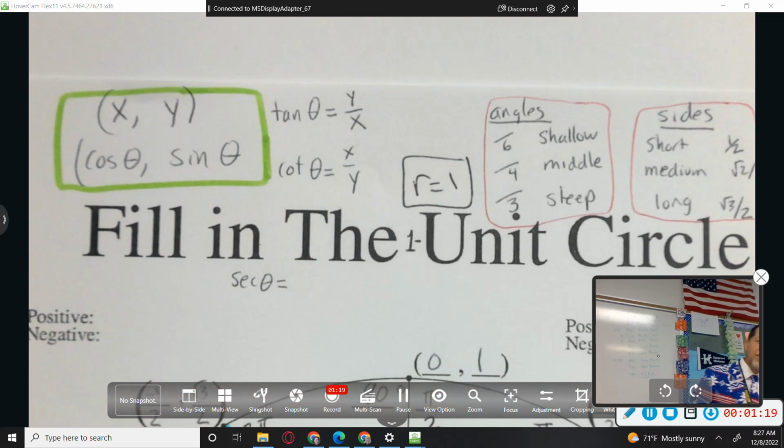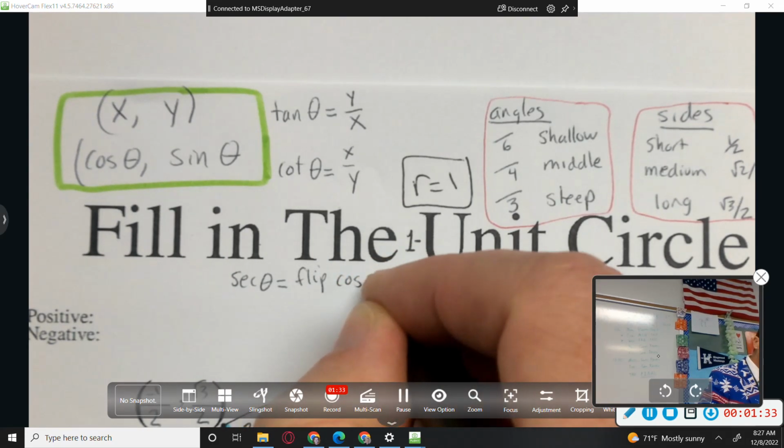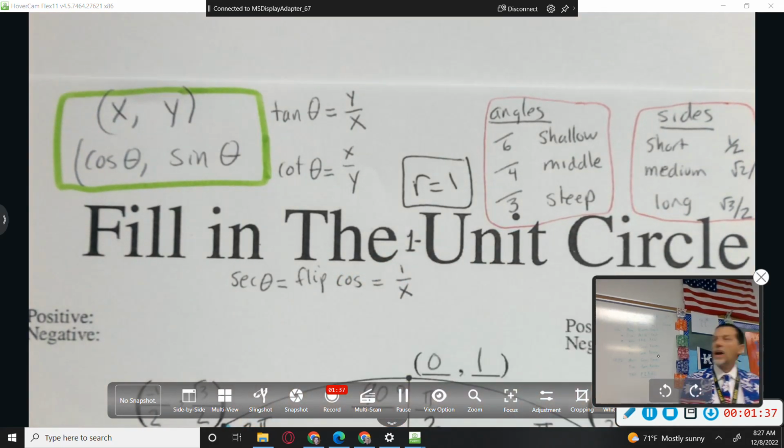How do you find secant? Or who is secant paired with? It's paired with cosine, so it's 1 over x. So you can remember either one: you either just remember to flip the cosine, or you can think 1 over x, and that's the same thing.